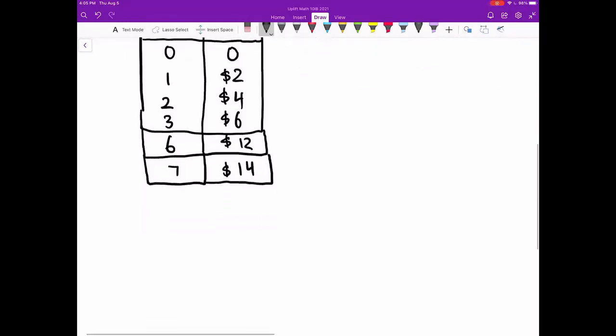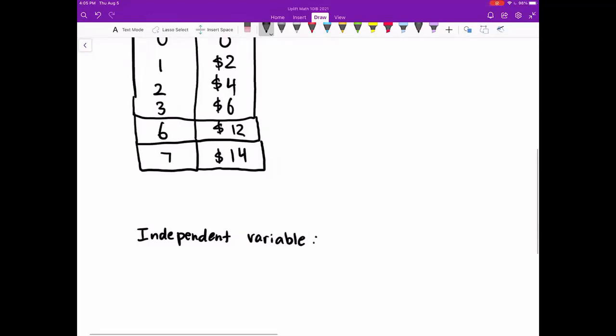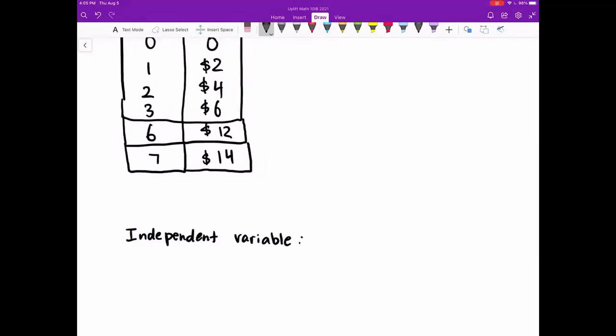Next up, we're going to talk about independent and dependent variables. For the example above in the table of values, there's going to be a value which is independent, or in a science class, you might have called it manipulated. That might be the science class term. And then you also have the dependent variable, which is kind of like the responding variable.